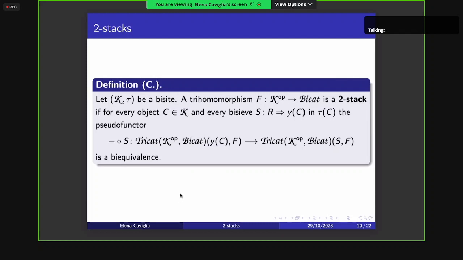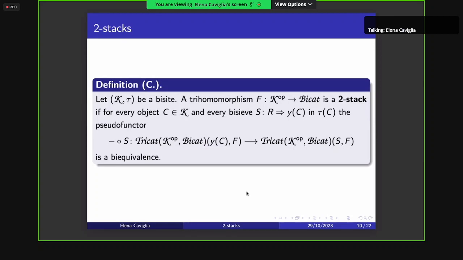And as I was saying before, it would have been very difficult to give a definition with explicit conditions because we don't know what are the right coherences that we want to ask. But now that we have this definition, it produces the right coherence conditions.